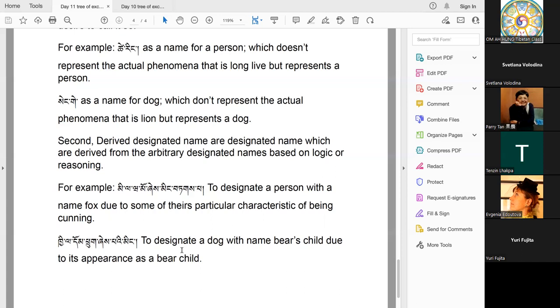So let me just give you a name. It's a little bit mischievous name. So this isn't a term that represents the phenomena itself.